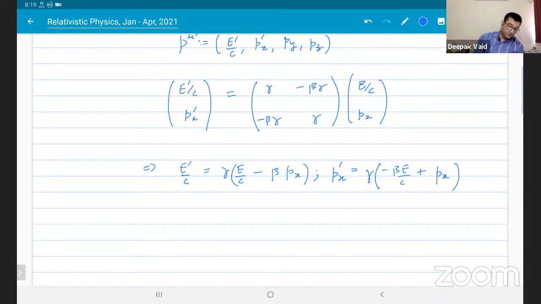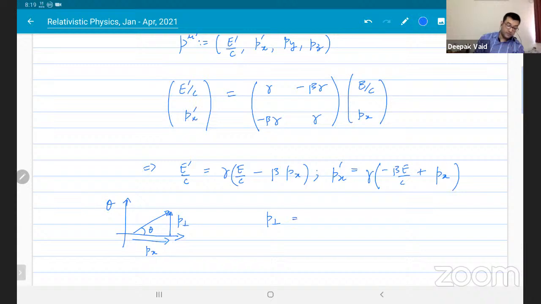Now, let's say that in the initial frame of reference, the particle had a 3 momentum such that its angle with respect to the x-axis was theta. So what would be this angle theta? Well, this would be the x component of the momentum, and this is the perpendicular component of the momentum.